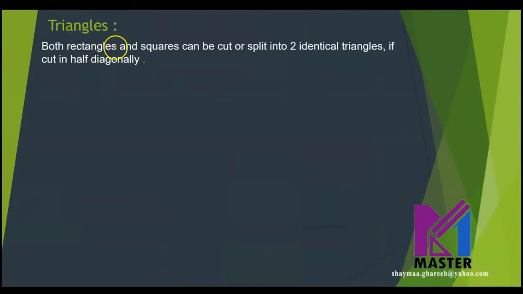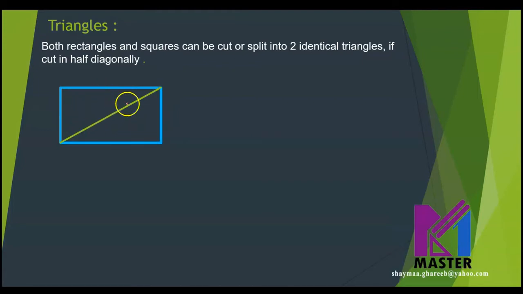Now let's talk about triangles. Both rectangles and squares can be cut or split into two identical triangles if cut in half diagonally. Let's see. This is a rectangle. I can cut it diagonally like this into two identical triangles.